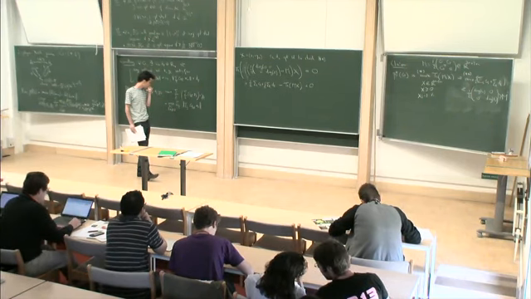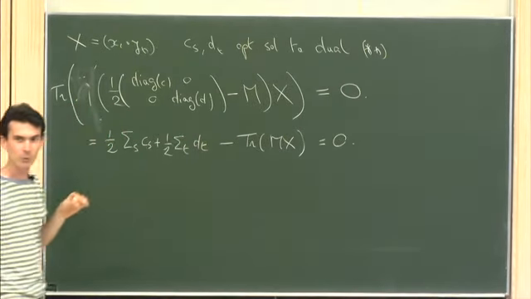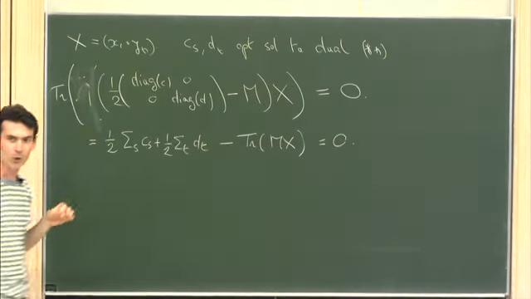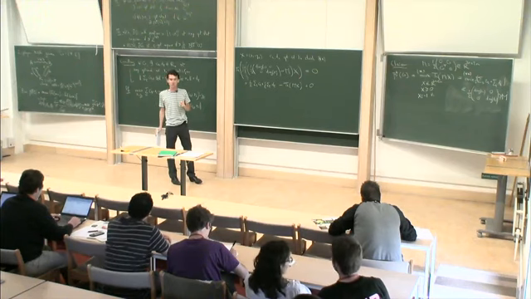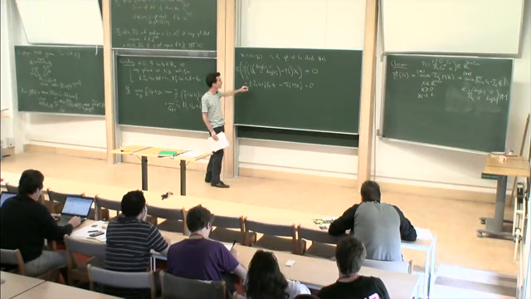But basically, using the fact that this matrix is positive, this matrix is positive, the fact that the trace of the product is 0 implies that the product itself is 0. Maybe someone can tell me why? If you write in the eigenbasis, you can see it. Alright. So we have that the product is 0.